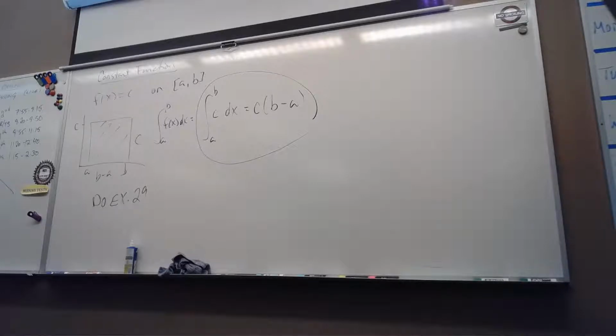Then we said that there's this new thing called an integral, and an integral is defined as the limit, because our rectangles go to 0. So in other words, we're going to have an infinite number of really skinny rectangles, and we're going to add up all those. So that's the sum.